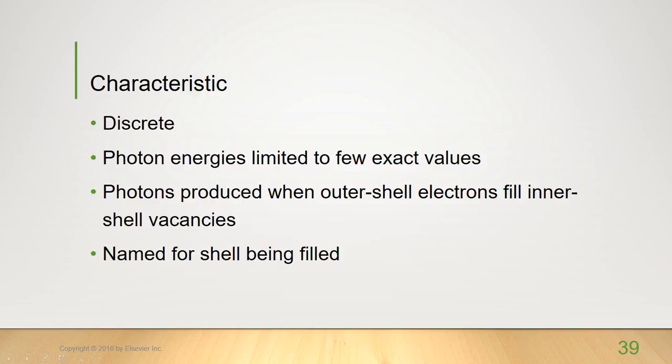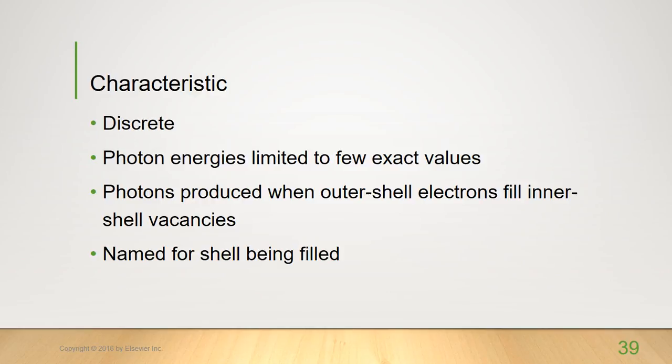And if you go back again, recall all of these photons are named for the shells being filled. So when one leaves and drops into another, then that becomes the K, L, M, and on. For example, there's a bar for K characteristic photons produced when L electrons fill K, and then a bar for when the M fills the K, and going on and on.